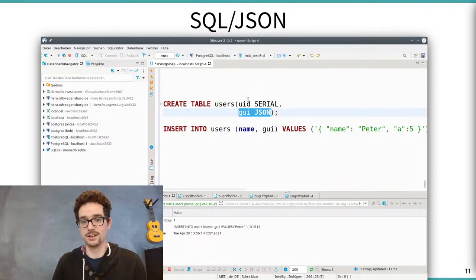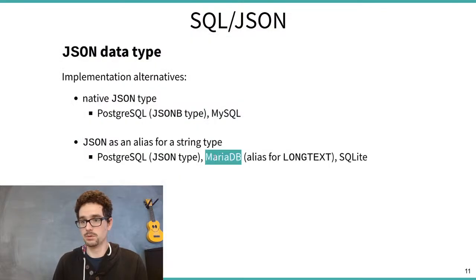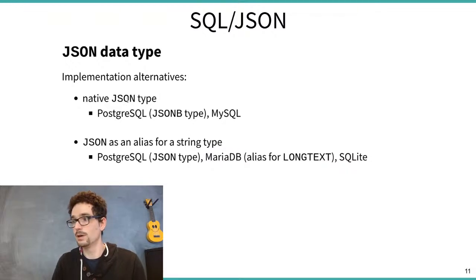Then somebody can insert JSON data there, and as MariaDB also implements the functions on that data, it's compatible. But it's not so fast because MariaDB does not natively store the JSON data. Maybe in a future version.